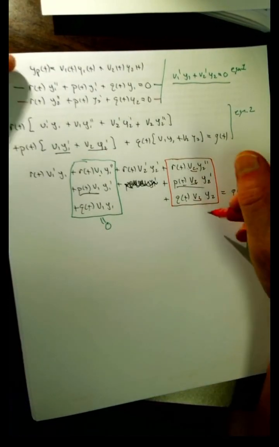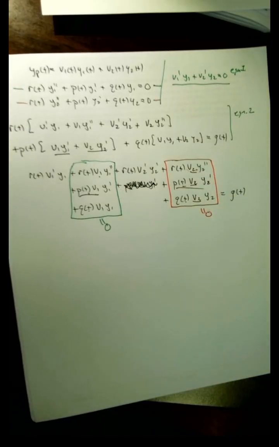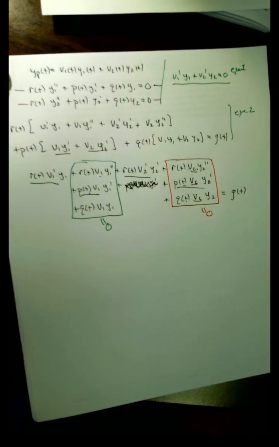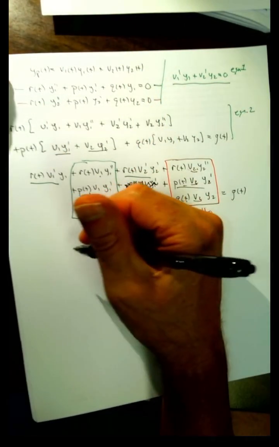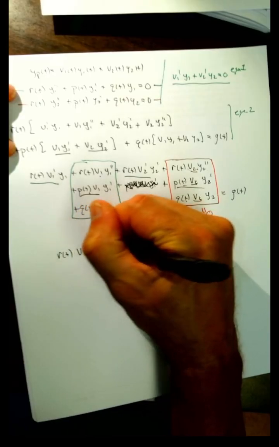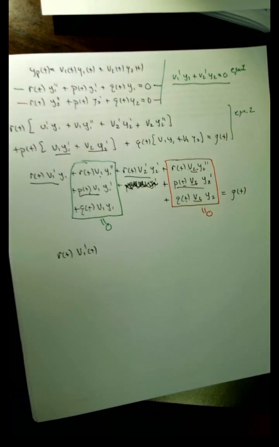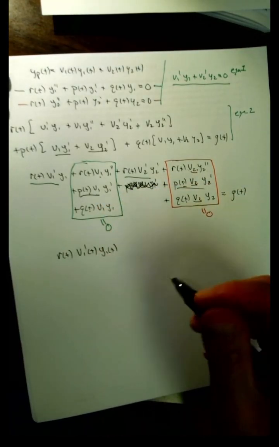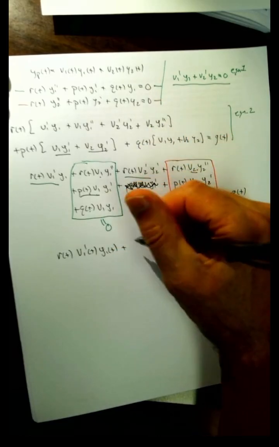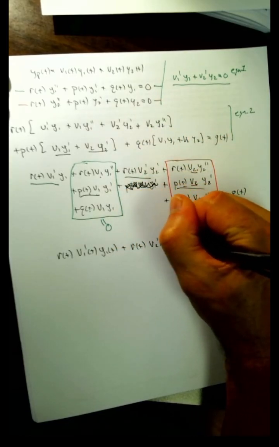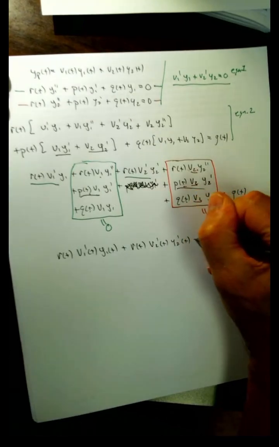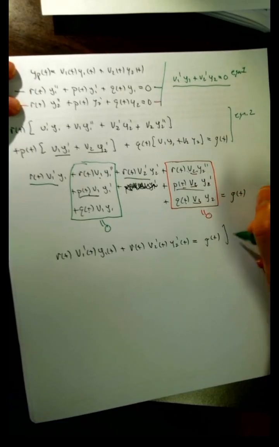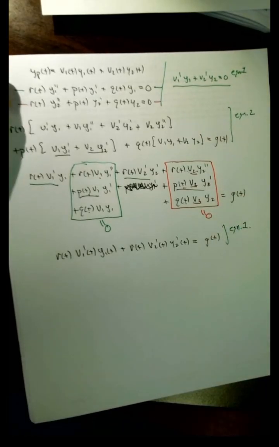That is also equal to 0. So I'm only left with this term and this term on the left. So my equation becomes r of t v1 prime y1, and again I know r of t and y1, so I can calculate everything except for the v1 prime. Then the second term is r of t v2 prime y2 prime, which has to equal g of t.